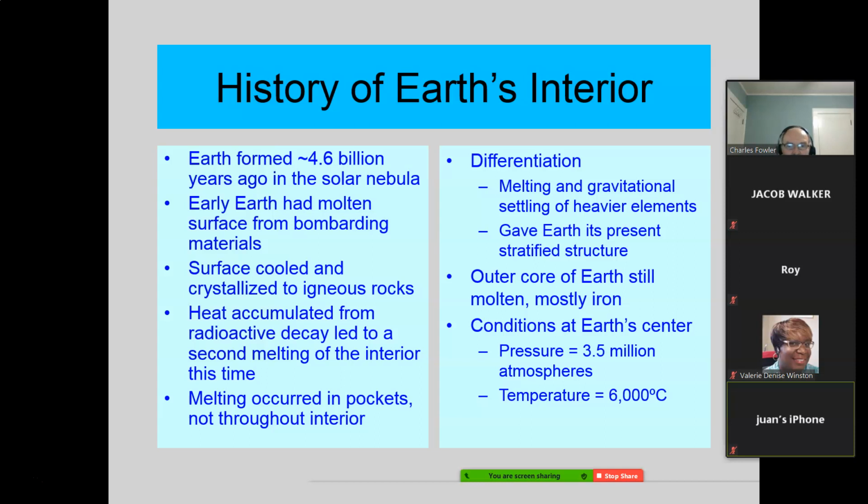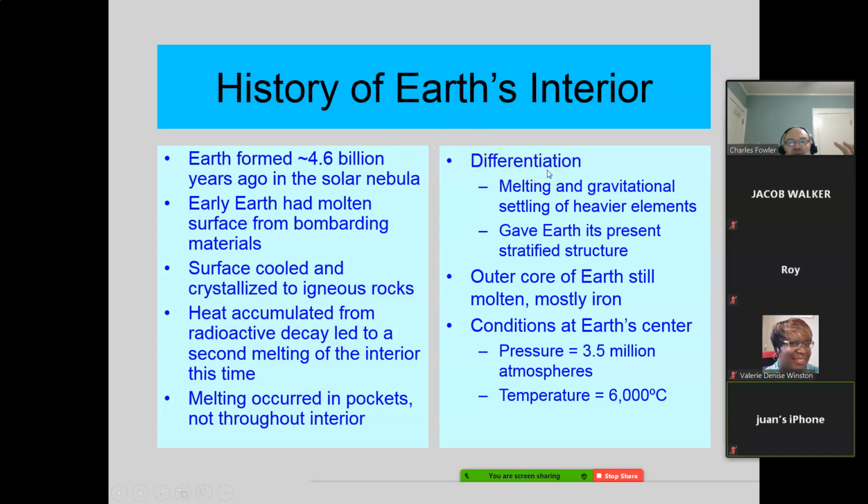Now, that melting occurred in pockets, not throughout the interior. So there were some regions that were totally melted, some regions that were somewhat solid, some regions that were sort of in between. This led to the concept of differentiation.